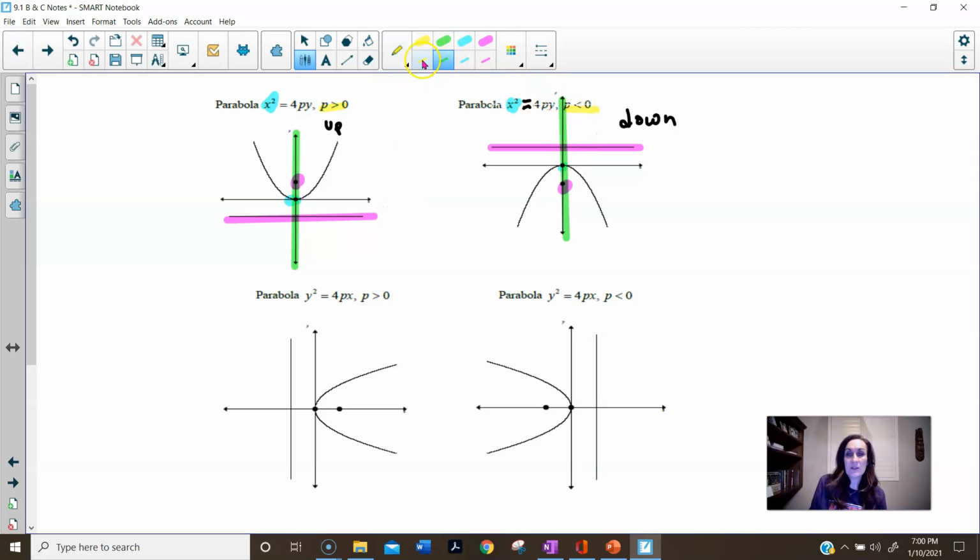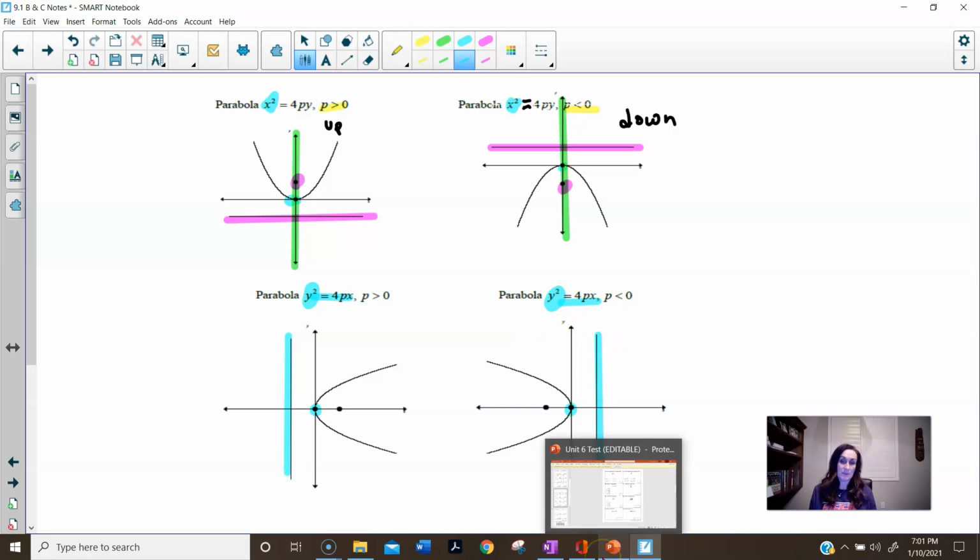So now we're going to look at where y is squared. So you can see y is squared on both of these, which is going to make this parabola open up to the right or open up to the left. Because there's no h, k, the vertex is going to be at (0, 0). So the blue is the vertex. The directrix is what runs perpendicular to the axis of symmetry.